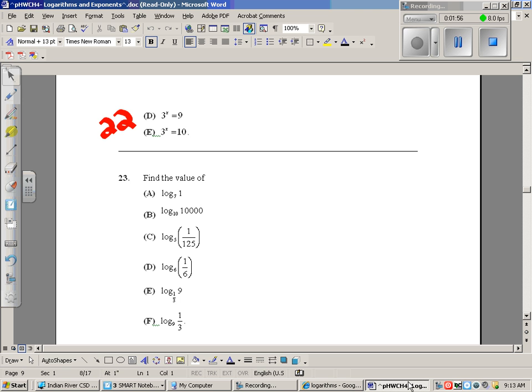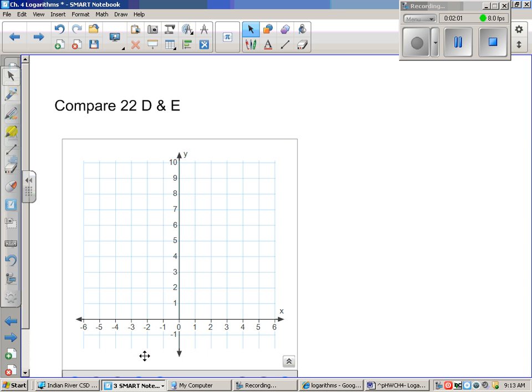Let me show you how I know it has a value. If you take a moment to look at the graph of 3 to the x, and you may not recall how to graph that, but think of it this way. When x is 0, that would mean 3 to the 0, so that would place that at 1. When x is 1, that would mean 3 to the first power, so that would be 3.